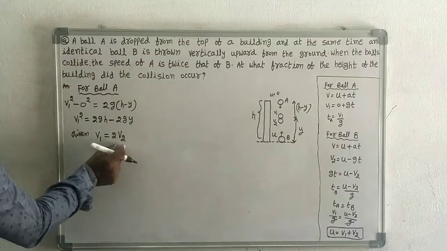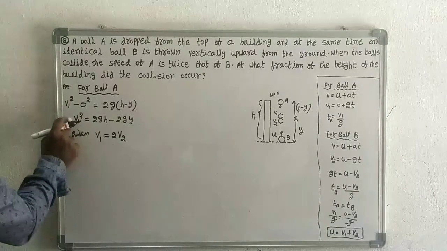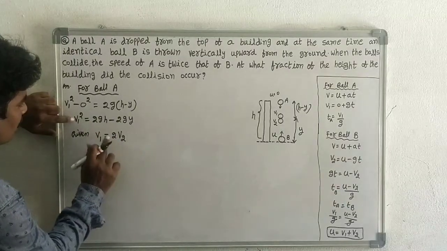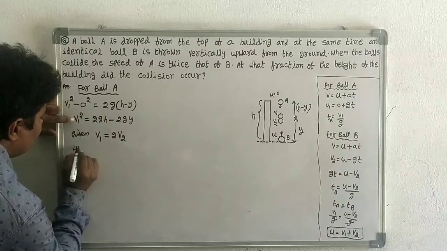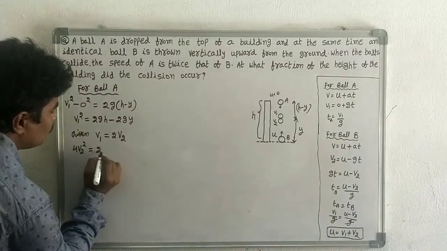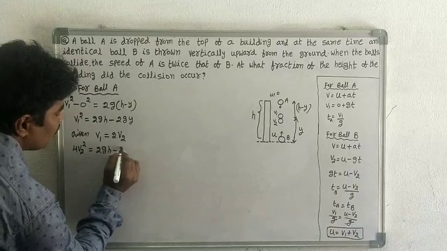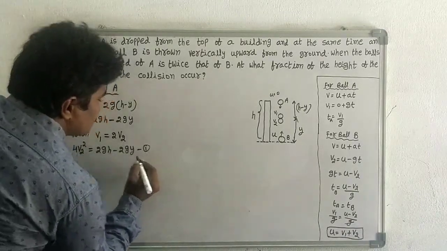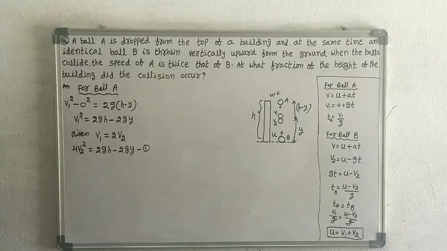We substitute this value in this equation. We get v1 square, that is 4 v2 square, is equal to 2gh minus 2gy. Let this be equation 1.